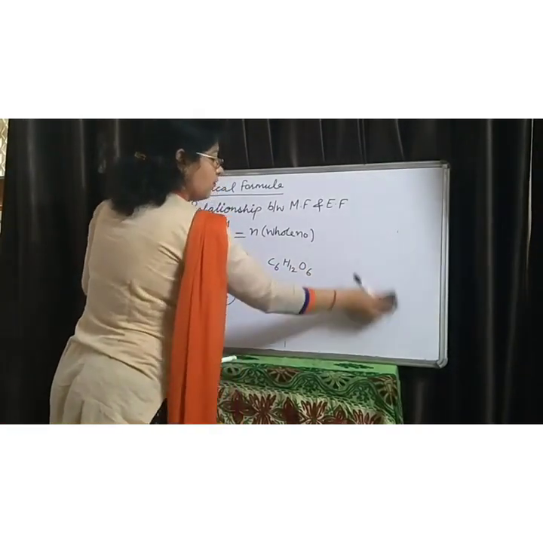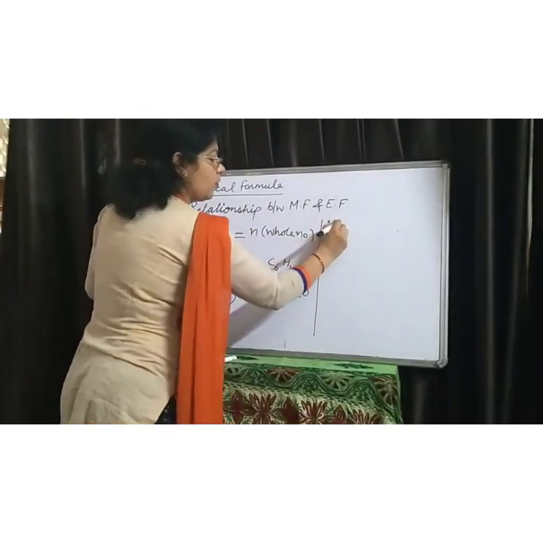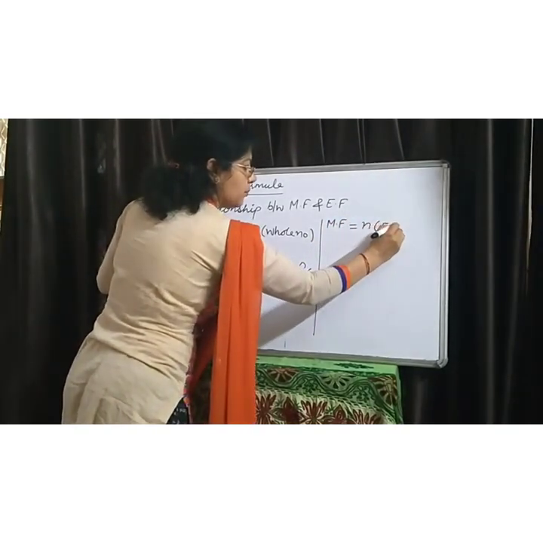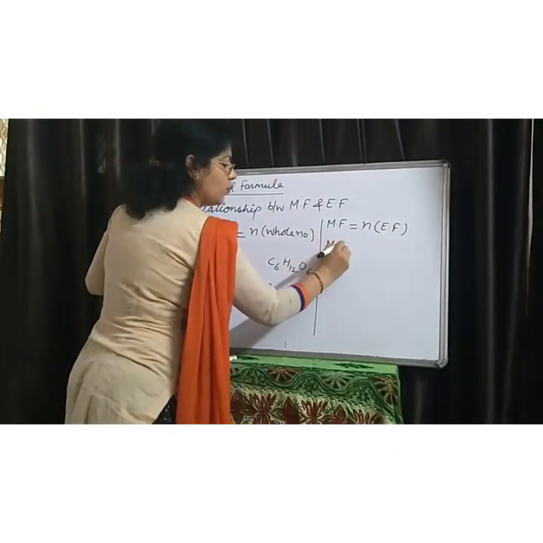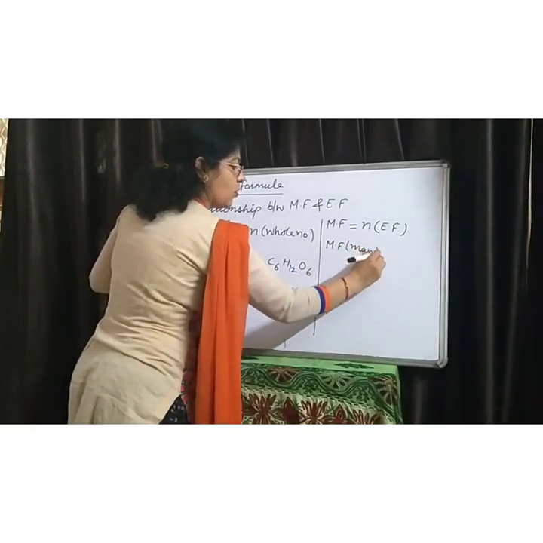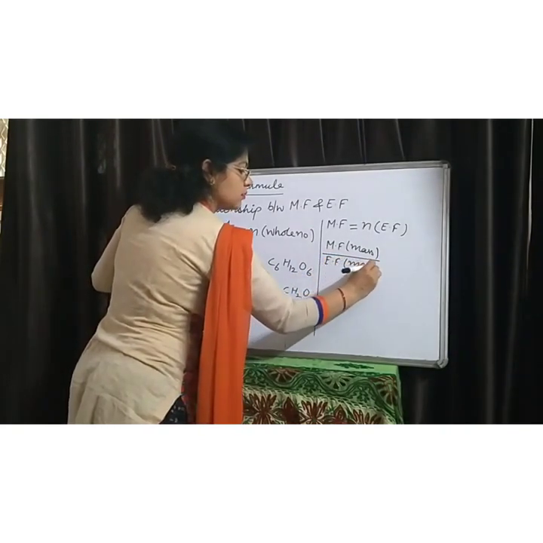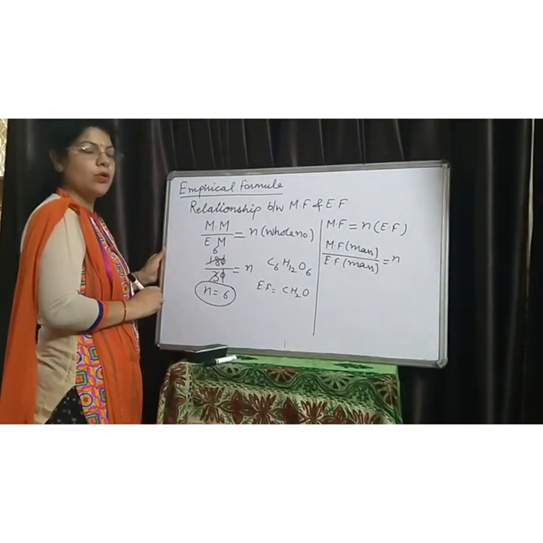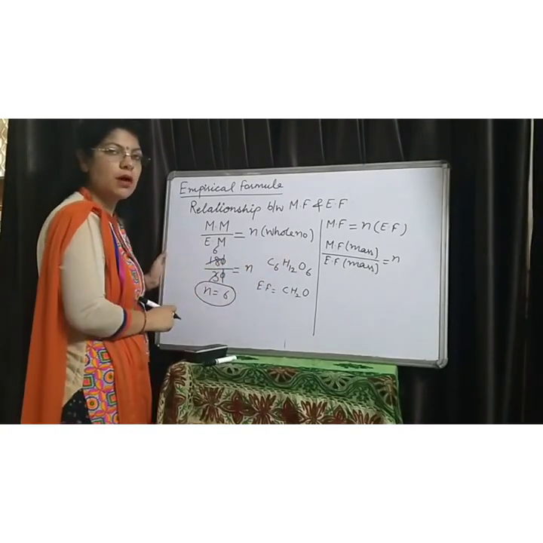From this equation, the molecular formula of the compound is always equal to n into the empirical formula, or the molecular formula mass divided by the empirical formula mass is always equal to n, where n is the whole number or common ratio present in the compound.